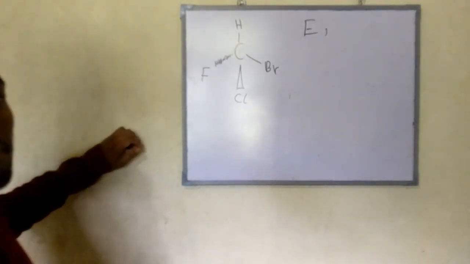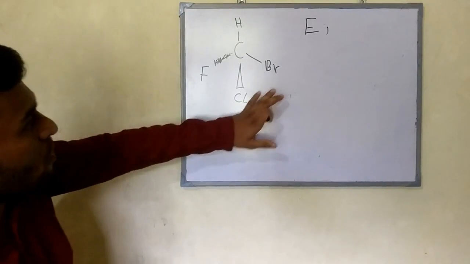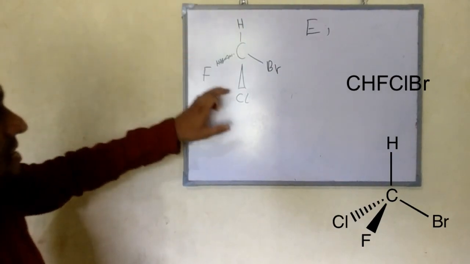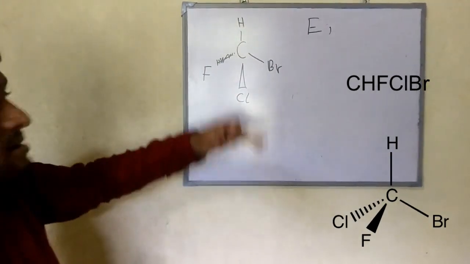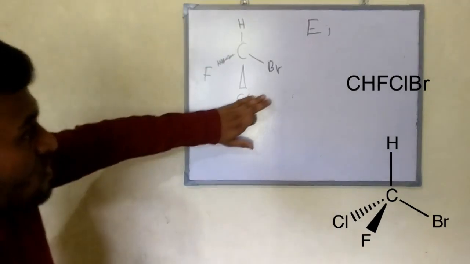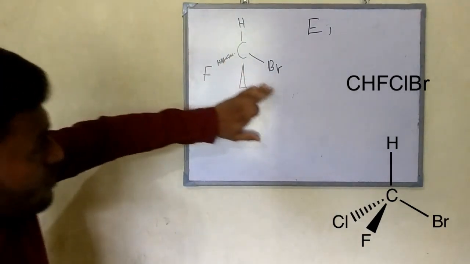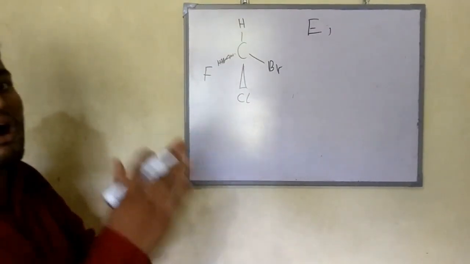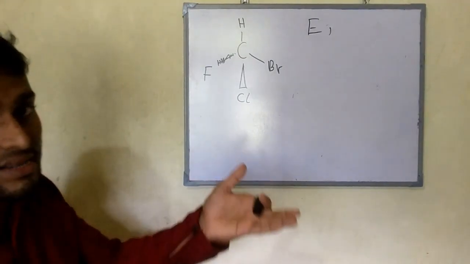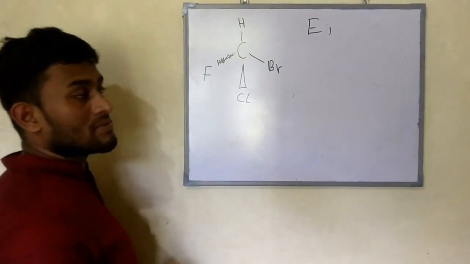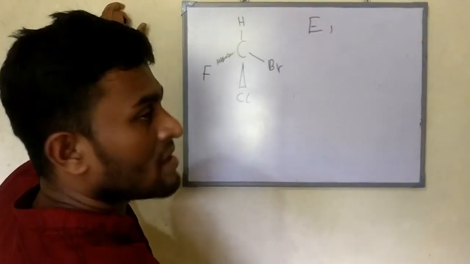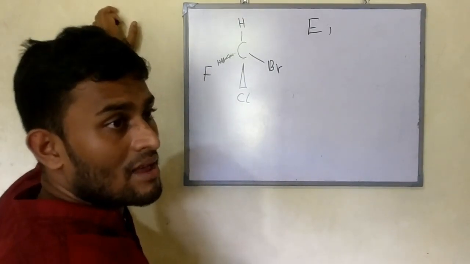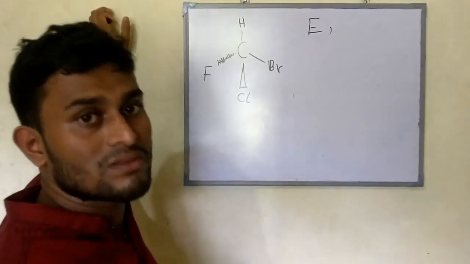Then you want to see the plane of symmetry. Here also you can't take a plane because this is a tetrahedral molecule and some atoms are coming out, some atoms are going inside. So you cannot take such a plane, because if you separate the molecule by such a plane, then the two halves will be different. So you can't take the plane of symmetry. If the plane of symmetry is not there and the rotation axis is not there, you can't take an improper axis of symmetry either.